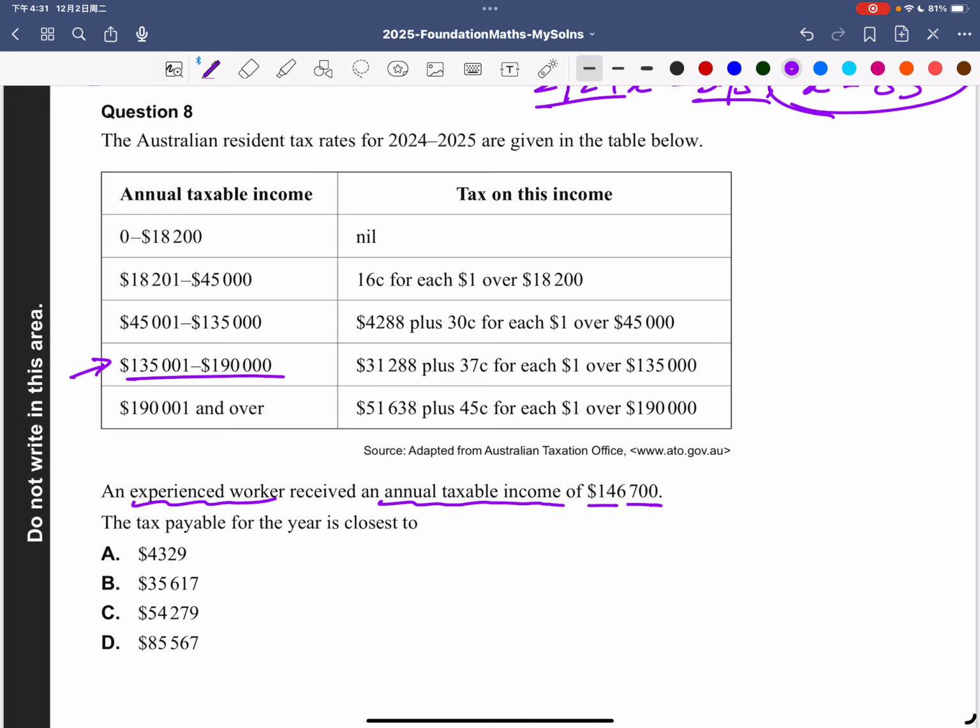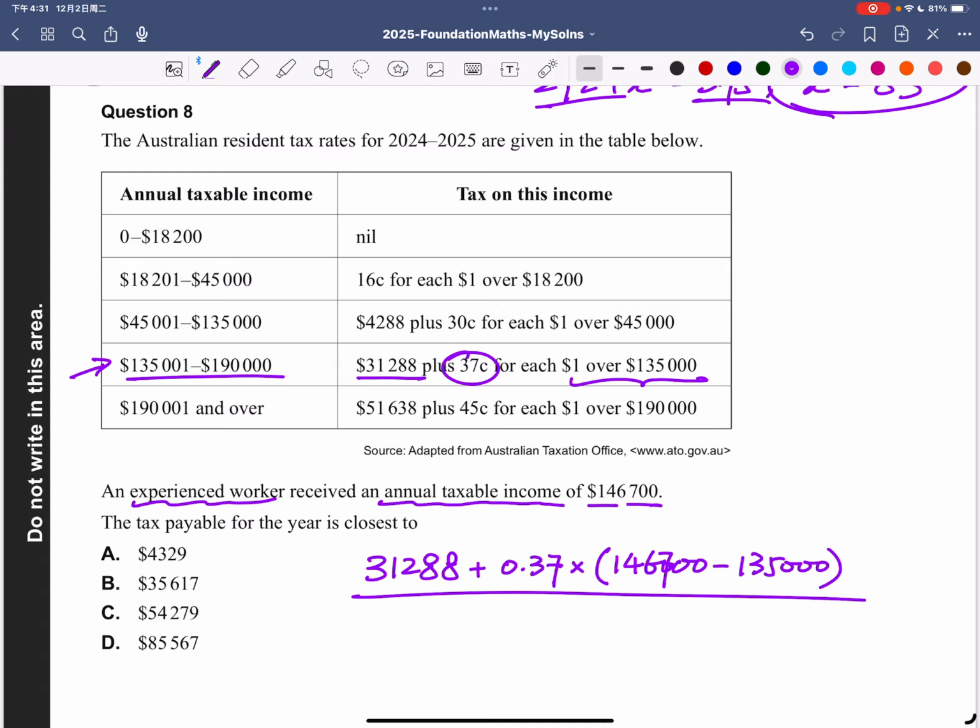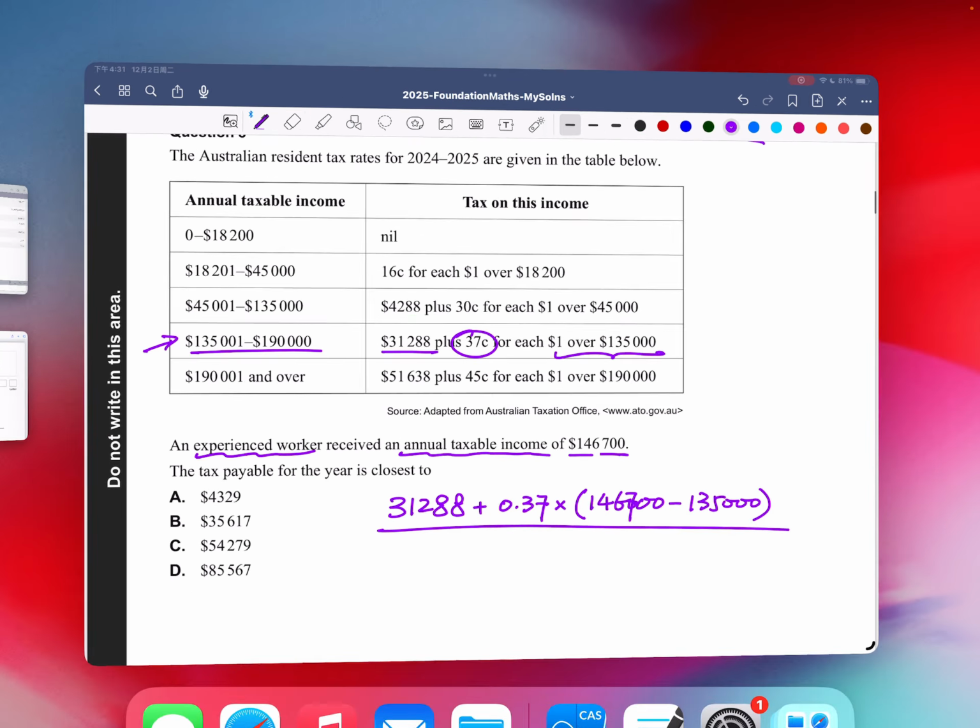Therefore, to calculate the tax, we would get, let's say, 31288 plus 37 cents, which is 0.37 in dollars, multiplied by the amount over 135,000. Therefore, we would have, let's say, 146,700 minus 135,000. We can just type this chunk of calculation into the scientific calculator and get the answer.